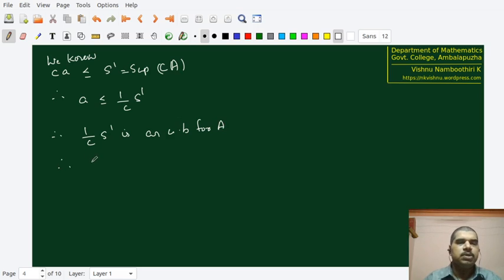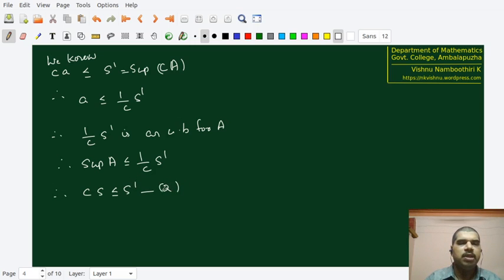Therefore, supremum is the least upper bound. Supremum of A has to be less than or equal to 1 by C times S prime. But what is supremum of A? Supremum of A is S. Therefore, if you bring C also to the left side, CS is less than or equal to S prime.